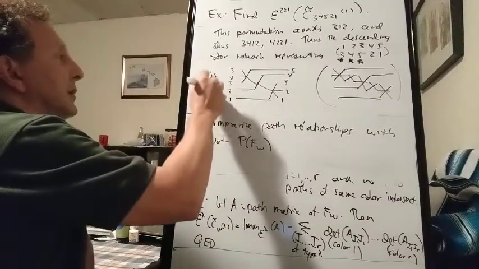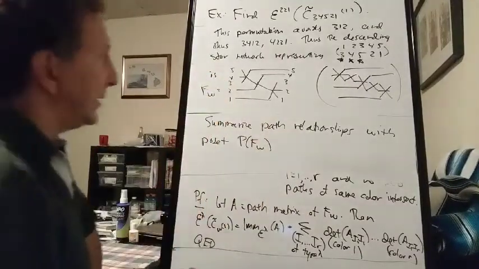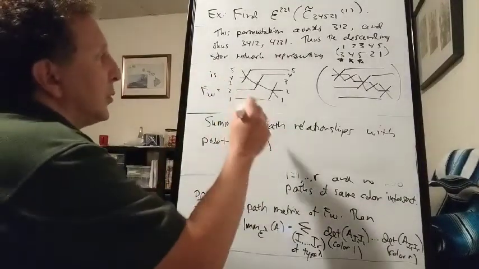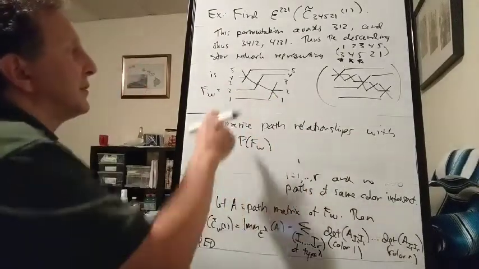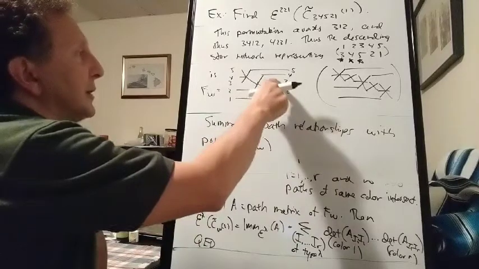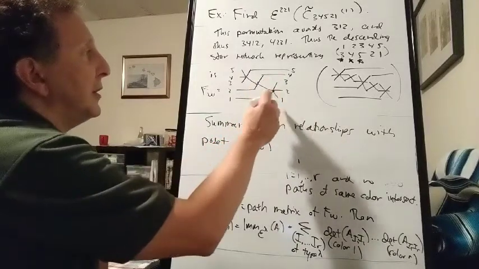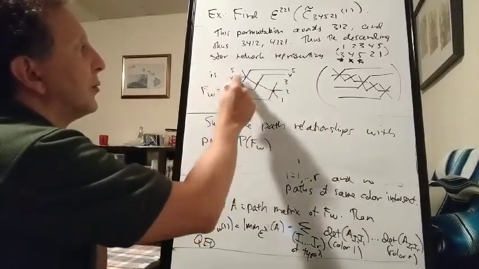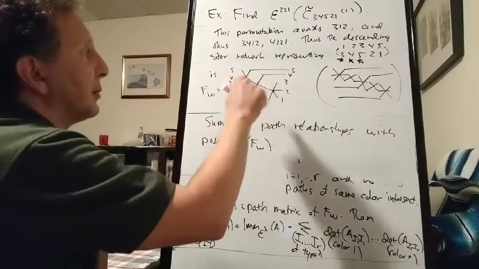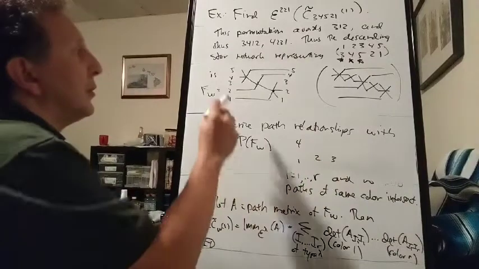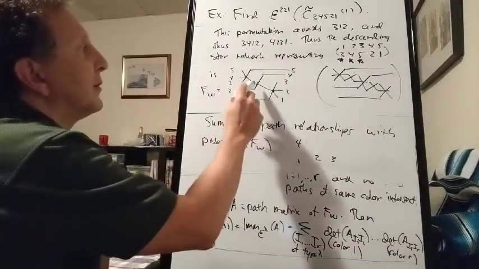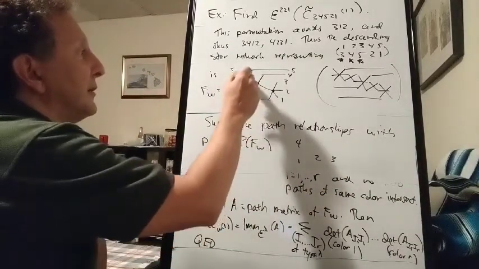This is FW here. So 1 is touching 2, it's touching 3. Touches both of them here. It doesn't touch 4. 4 goes here and then down and then up, but doesn't touch 1. 2 touches 4 right here, and 3 touches 4 right there.